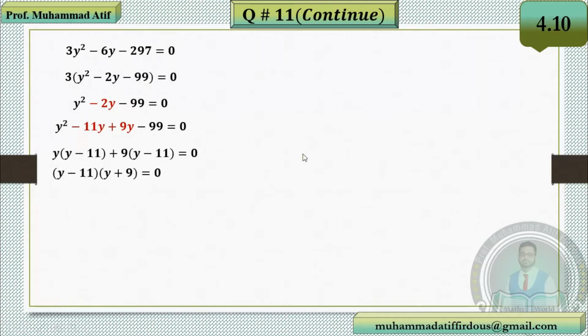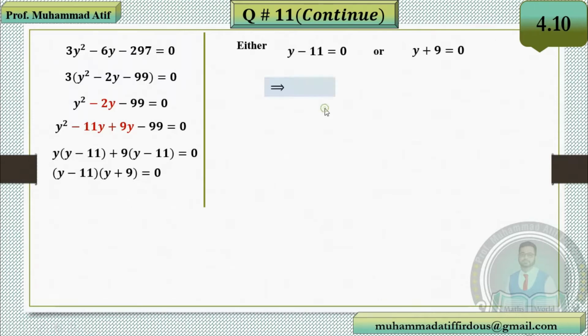We have y minus 11 into y plus 9, and more simplifying, either y minus 11 is equal to 0 or y plus 9 is equal to 0. For more simplifying, we have y is equal to 11 or y is equal to minus 9. But you must ignore this negative value because we are talking about the length and width of a rectangle. So ignore this negative number. So we have y is equal to 11.